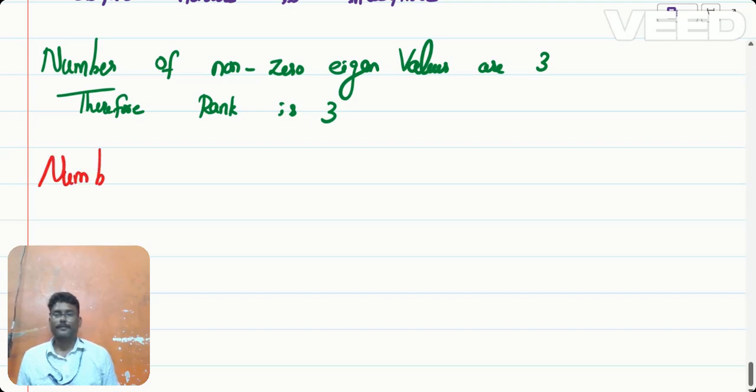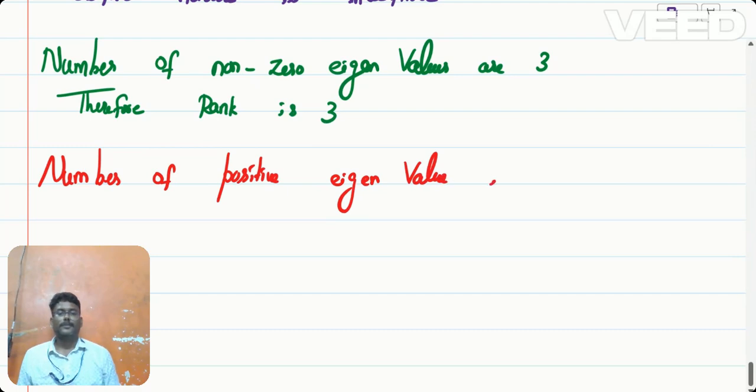Number of positive eigenvalues is 2. Therefore, index is 2.